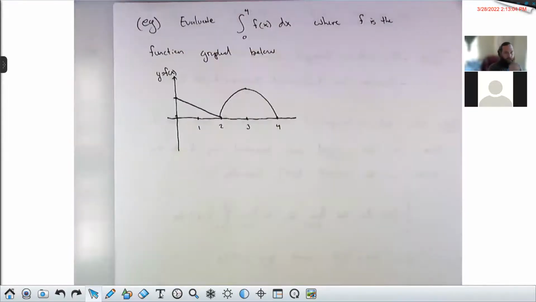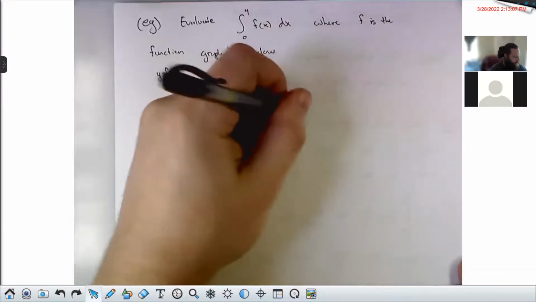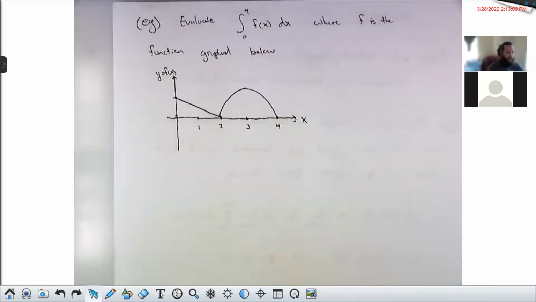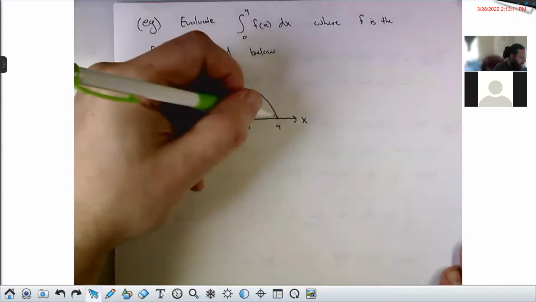This is the graph y equals f of x. The horizontal is the x-axis. You will see a number of problems like this.